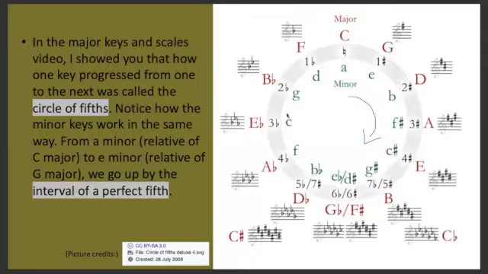If we go the other way, from C major to F major, or A minor to D minor, we are adding on flats all the time. Please take a look at the previous video because I've explained this in a lot more detail there.